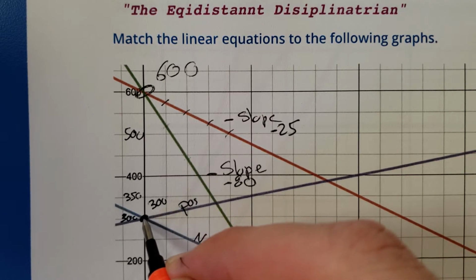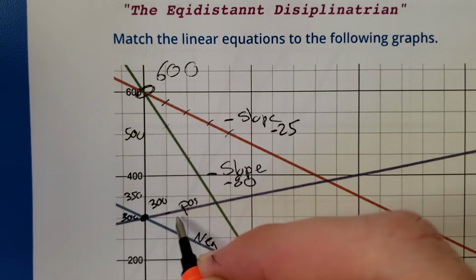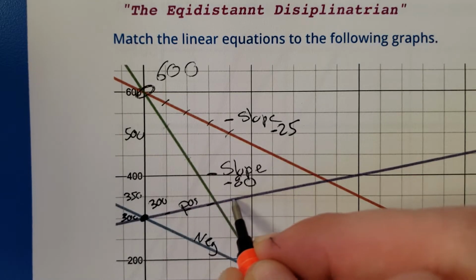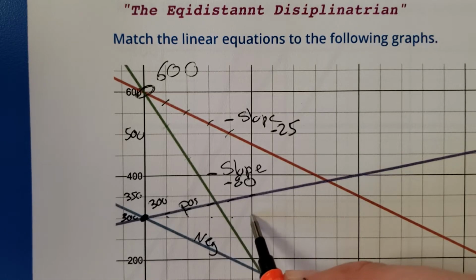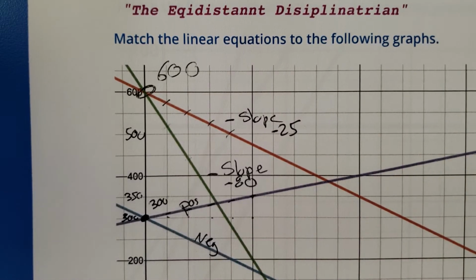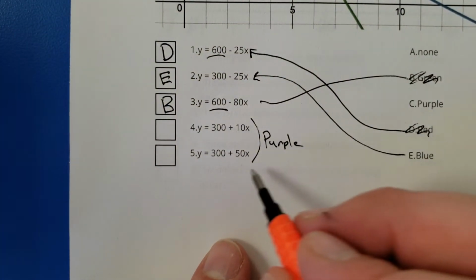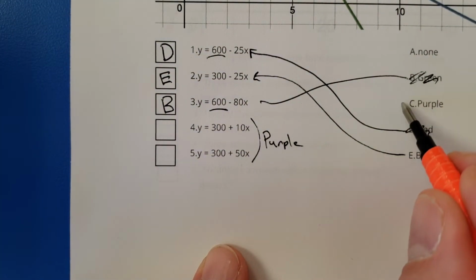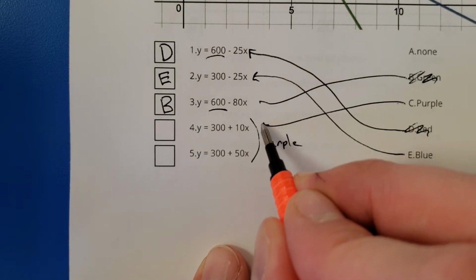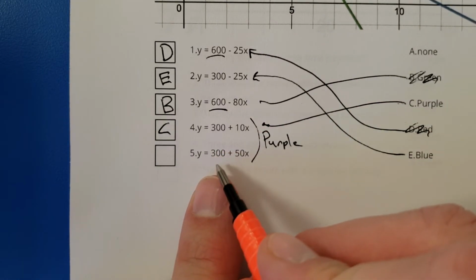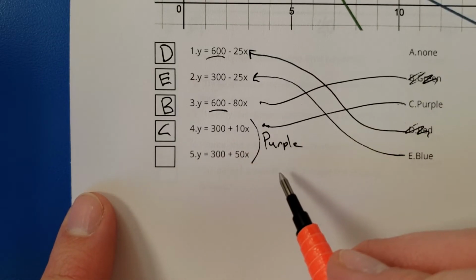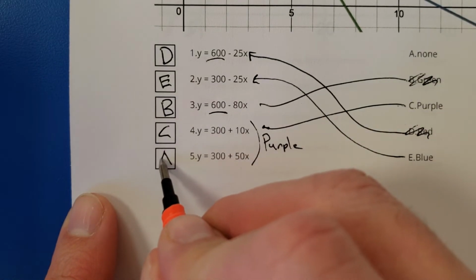Looks like you've got a slope of 10. 1 to the right, up 10, up 10, up 10, and after 5 it goes up 50. That sounds like a slope of 10 to me. So you are the purple one, Mr. Number 4, and you're going to be C. There is no line that has a y-intercept of 300 and a slope of 50. Sorry, you are the none.